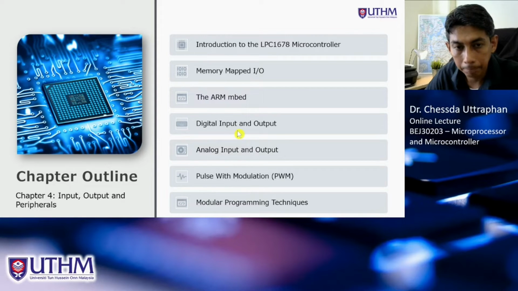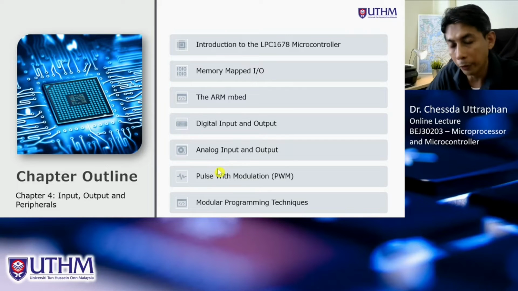And in the ARM embed, we will look at how to use the digital input and output, how we read the digital data, how we output the digital data to the outside, and also we will learn how to read the analog input, because remember, outside, mostly the data is in analog.